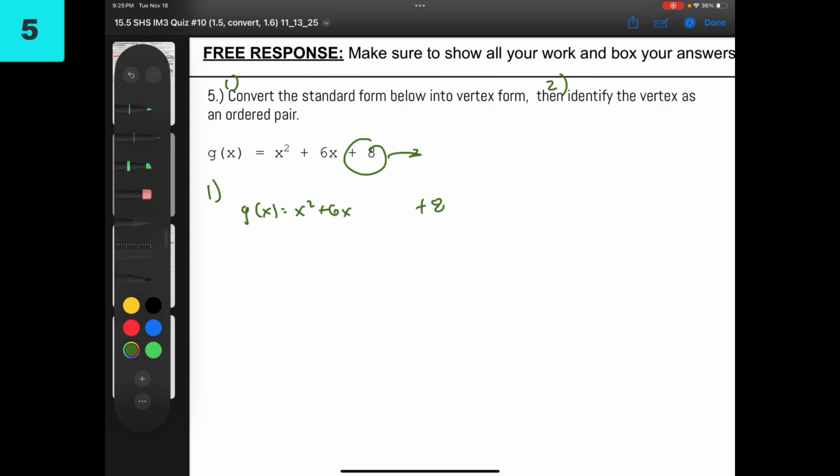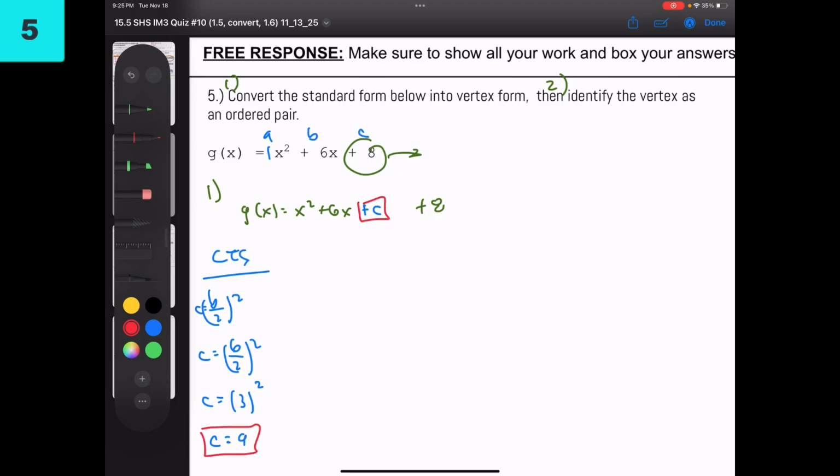Okay, so I'm going to use CTS to find this C value. C equals B divided by 2 squared. So A is 1, B is 6, C is 8. So it gives me 6 divided by 2, which is 3. 3 squared is 9.